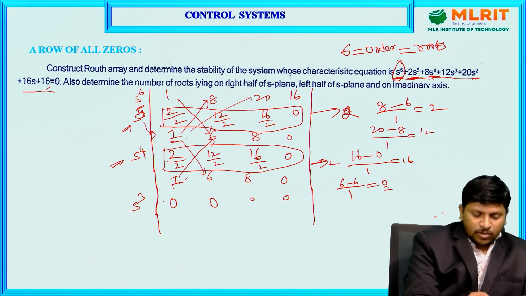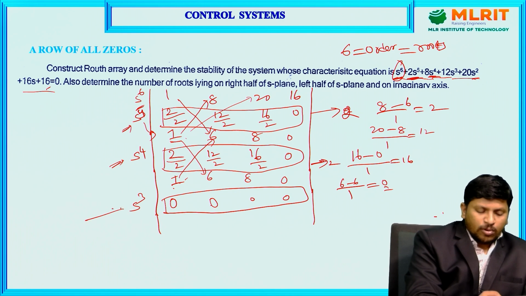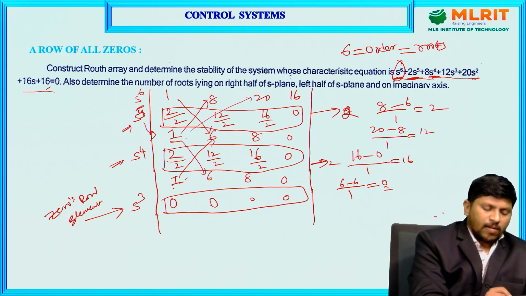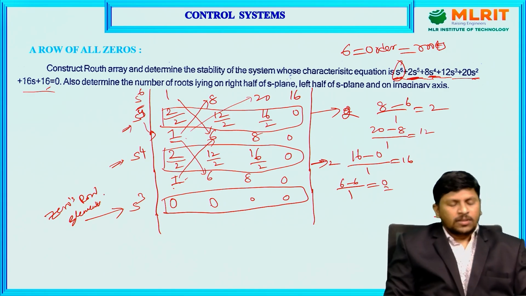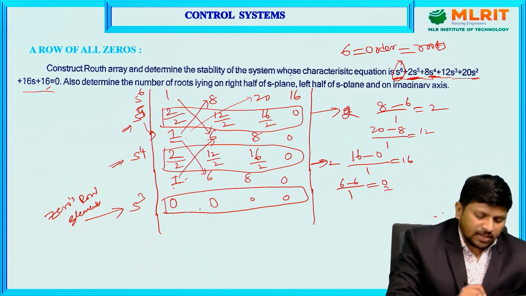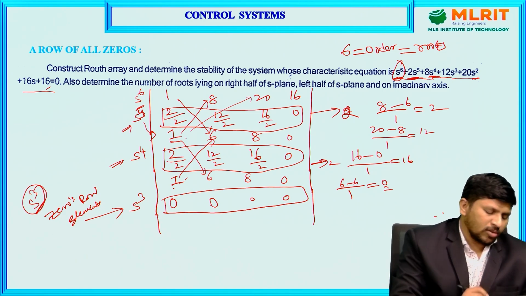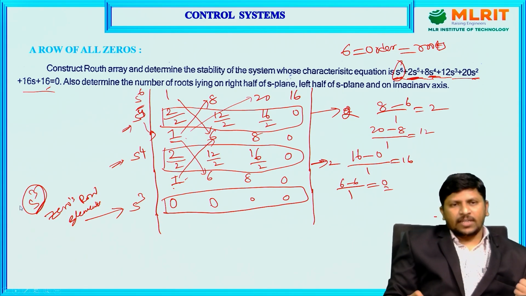So observe, the s cube row is the zeroth row, a row of zero elements.